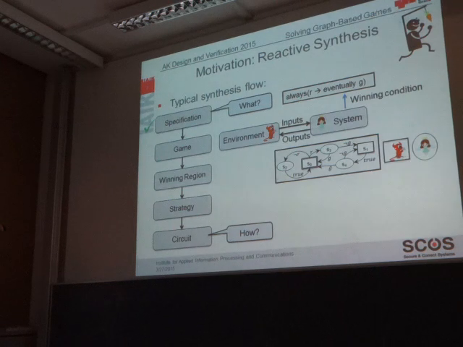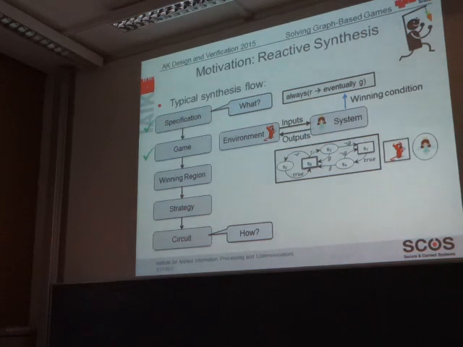So the choices done by the evil guy here correspond to different choices of the inputs, and the choices done by the system player correspond to different choices for the outputs. So we have these games, and last week we talked about Lie calculus and how to reason about these graph-based games.